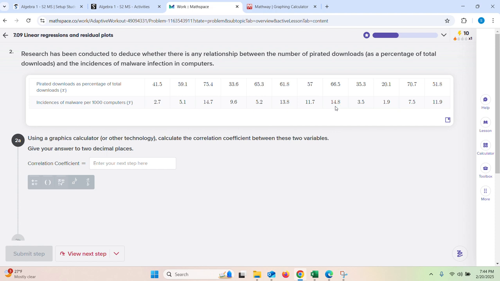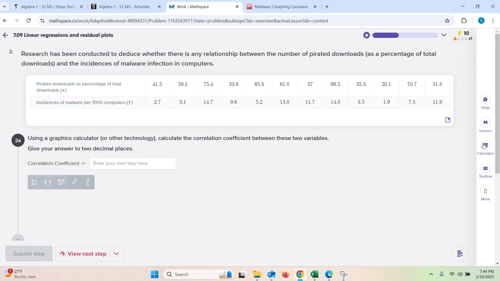So I'm writing these down. 11.7, 14.8, 1.9, 7.5. Make sure you don't get off when you write them down, because then I'll get wrong answers and then you'll think I'm crazy. Okay, I think I got it.